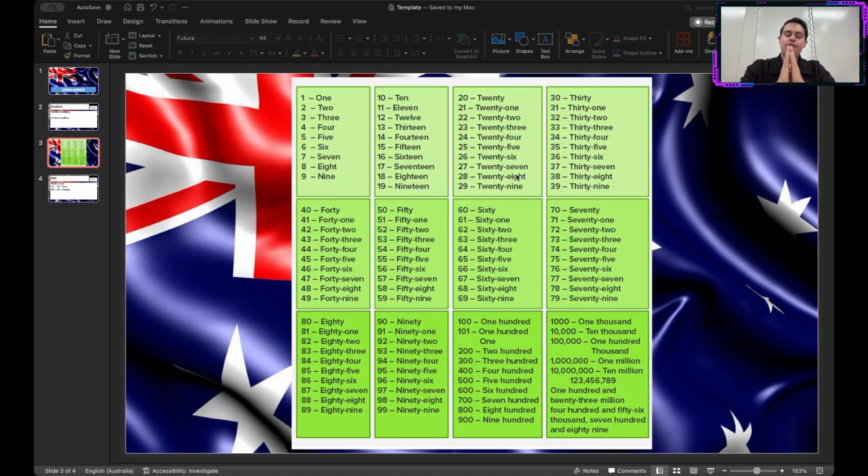Beautiful. And from the number 20 on, it gets easier and easier. Because if we see here, we have the same pattern. I just changed the first word. It's the same thing.